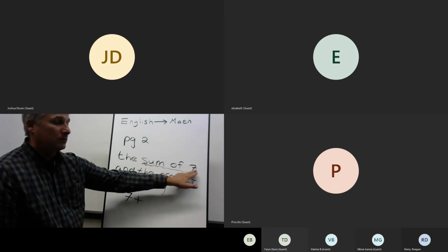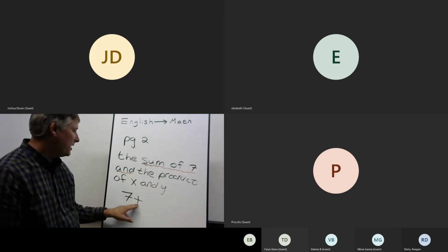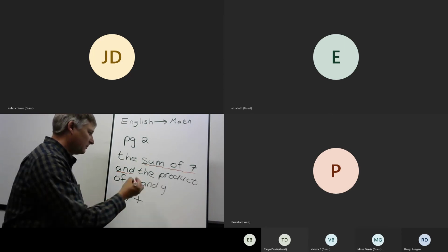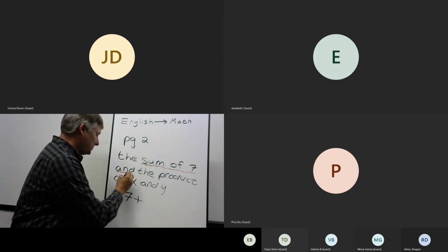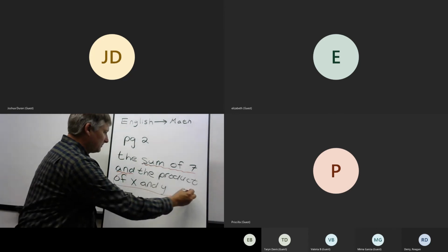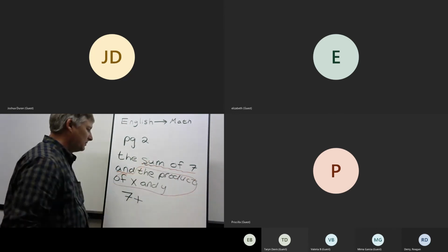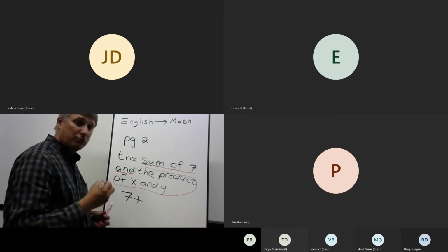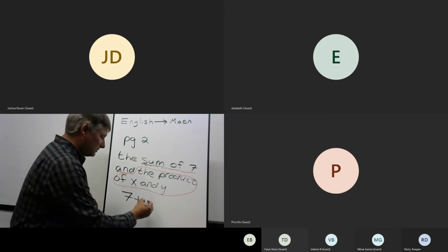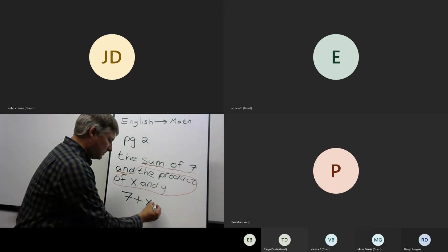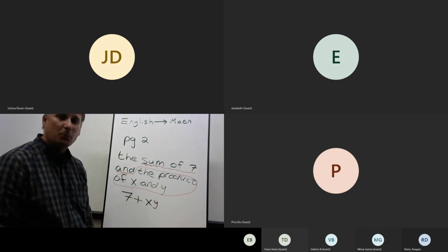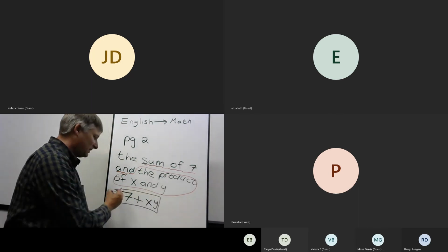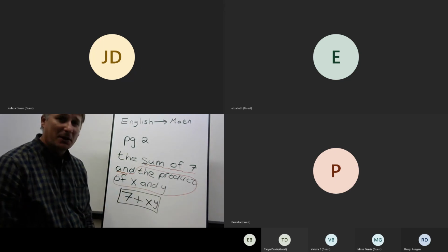Well, the first thing, there's our 7 plus. Here's the second thing. What we're going to add to 7 is this whole piece here. The product of x and y. Product means multiplication. So x times y. And that's going to be our answer.